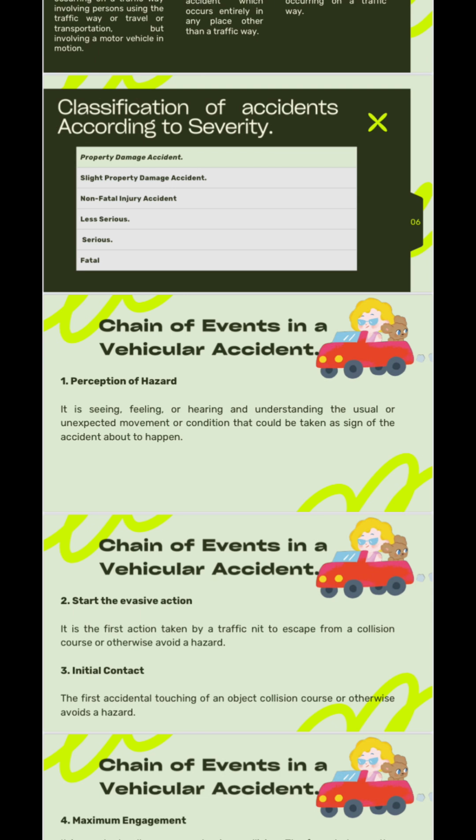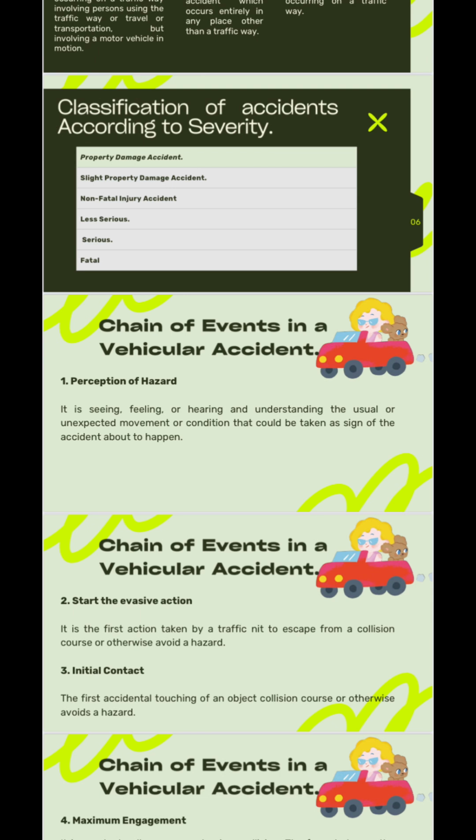The injuries may require medical attention, but they are not severe enough to be fatal. Example, a pedestrian is struck by a bicycle while crossing a sidewalk. They suffer a sprained ankle but are able to walk with assistance. The injury is treated at the hospital and the person fully recovers.